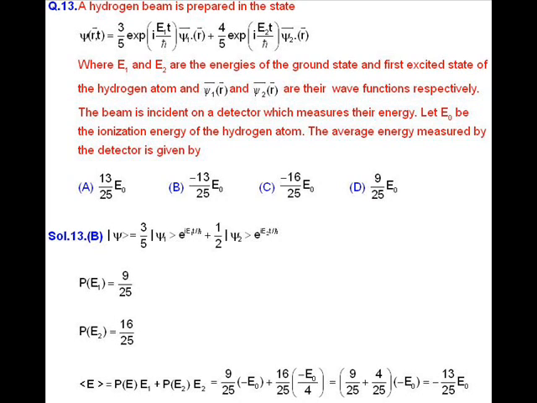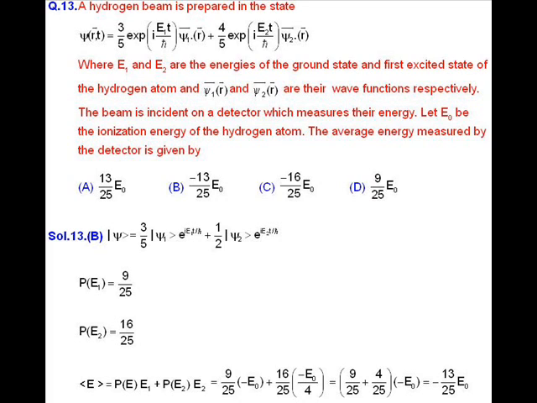So we can say that the average energy will be equal to the probability of finding the particle with energy E1 multiplied by its energy E1, plus the probability of finding the particle with energy E2 times its energy.